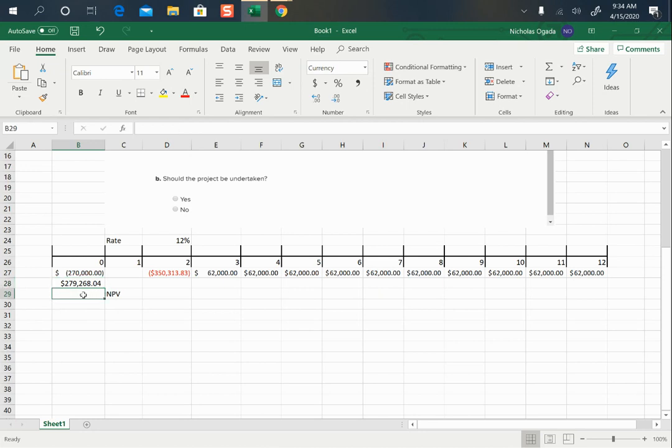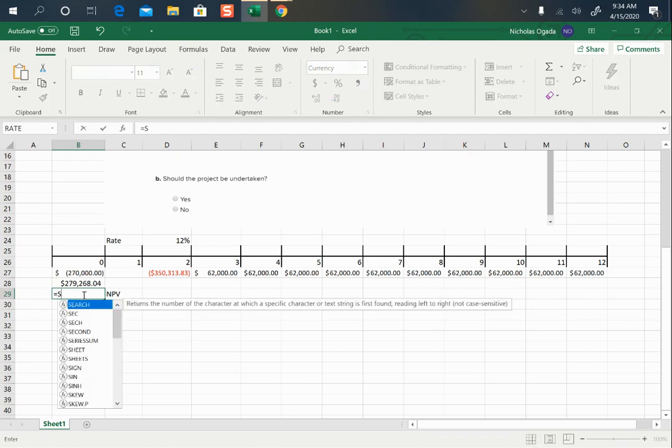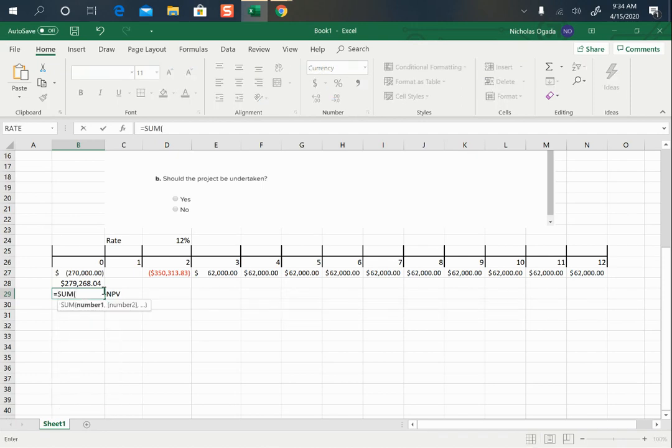And therefore, to sum both the two present values, our net present value is going to be the sum of those two values, and you approach a net present value of 9,268.